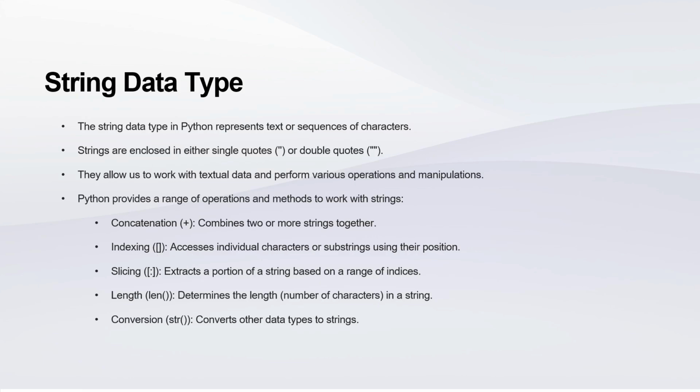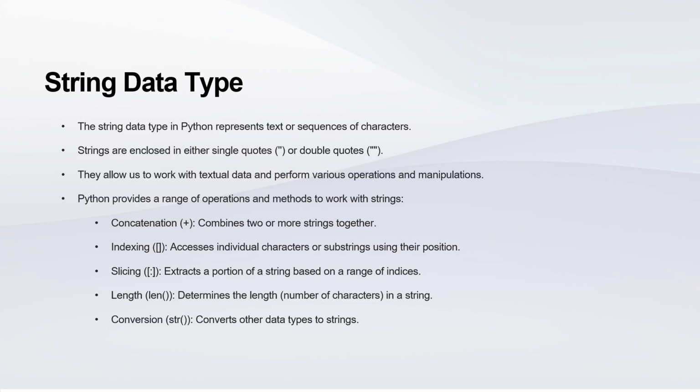Additionally, slicing is also a powerful technique to extract a portion of a string based on a range of indices by specifying the start and end indices, with the end index being exclusive, which means that index character is excluded. We can obtain a substring from the original string using slicing.